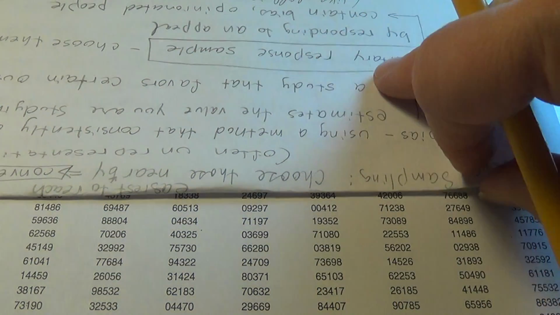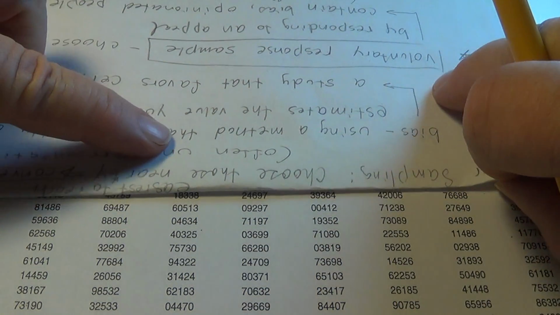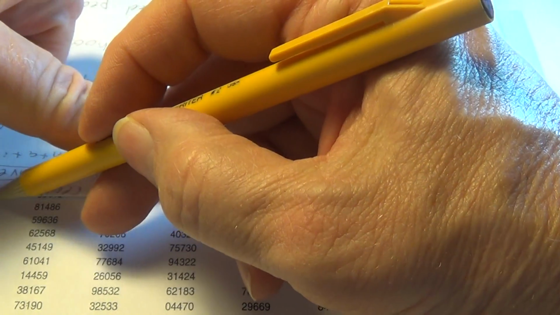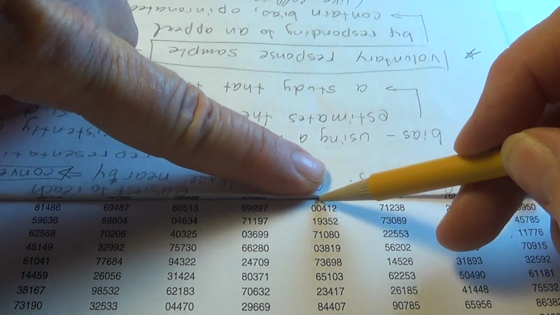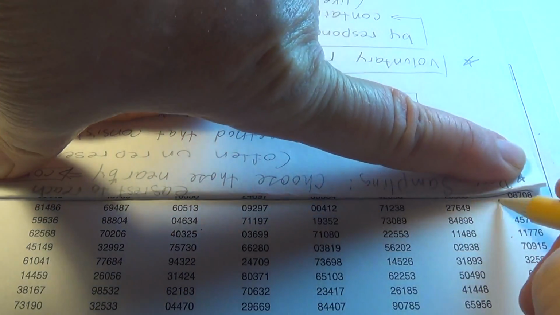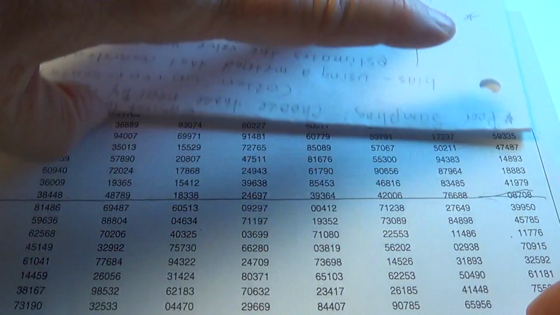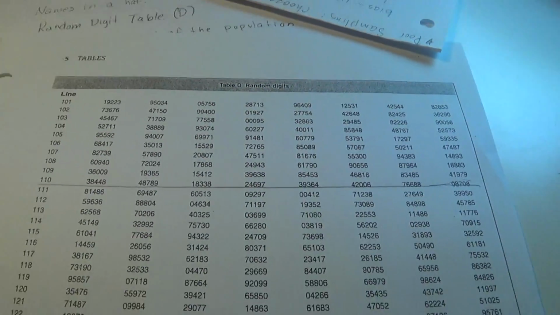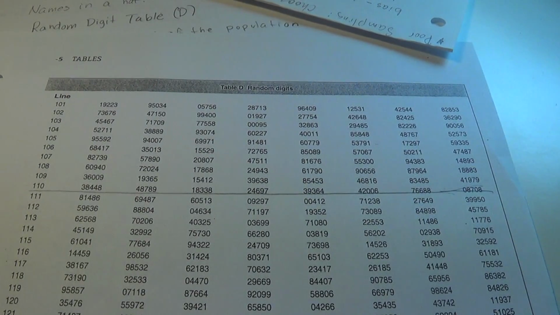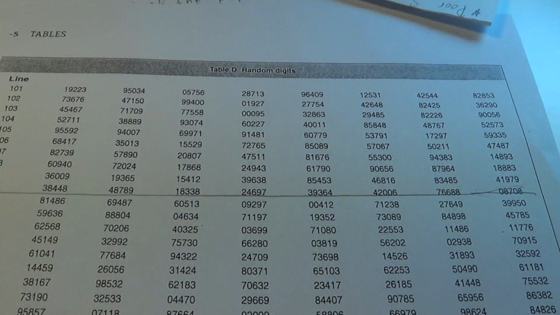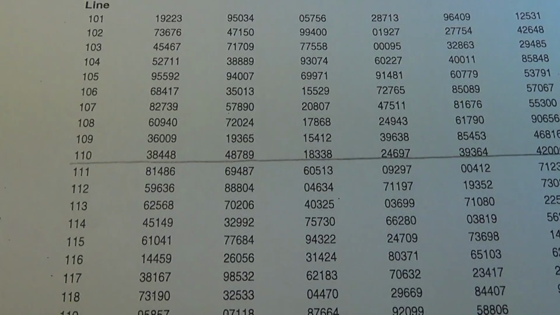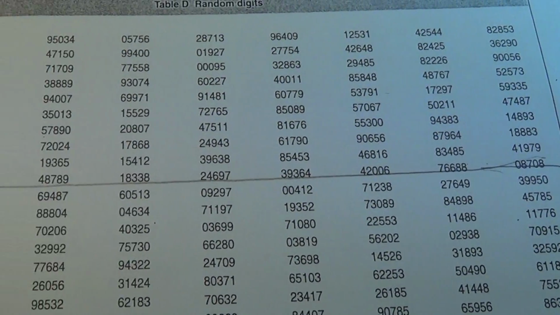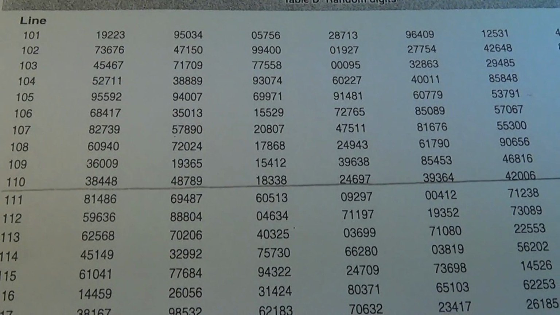And while I'm doing that, I just reiterate that you can use any column or any row. So it's all random. Kind of ran off the page there. All right, what I did, you see that I underlined starting with line 110, and the digits across the row from 110 are highlighted there, so to speak.